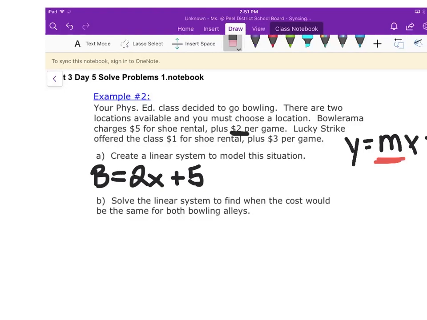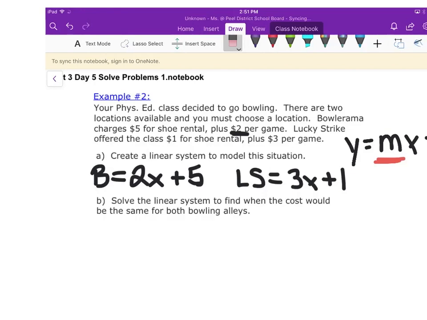Now, we can also represent Lucky Strikes as $3 per game plus $1 for the shoe rental. That's just letting us know what the cost is.